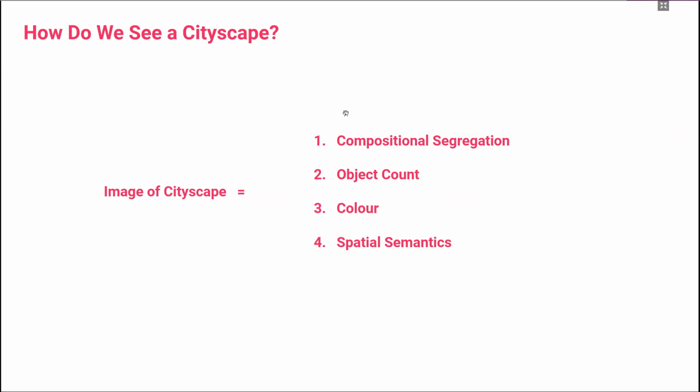We'll only restrict the input to image segmentation or compositional segregation. Spatial semantics requires a whole different set of installations, a whole different set of concepts. So we're going to skip that. We're not going to work on that.